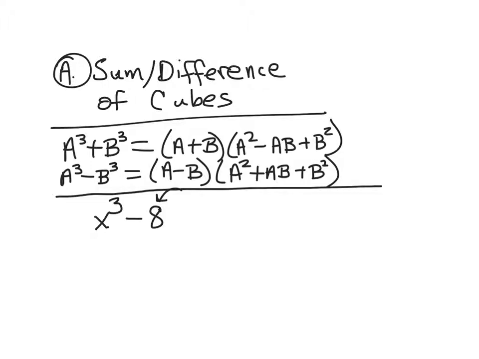Now, at first glance, those formulas look different, but upon closer observation, they're really the same thing. Let me show you what I mean. Look at this one. We got a plus here in the middle, and then over here in the first parentheses, we got the same sign, plus in the middle.